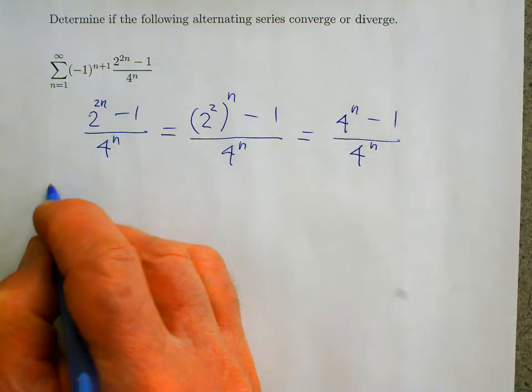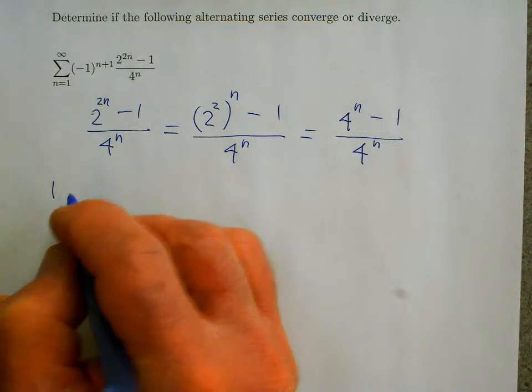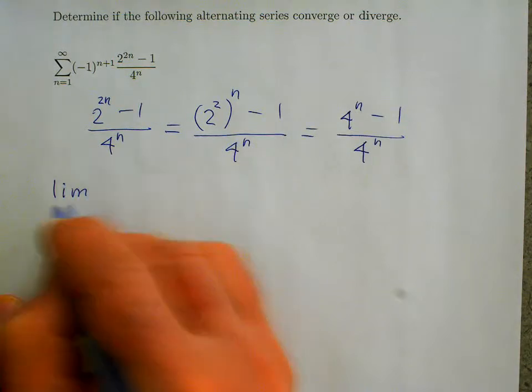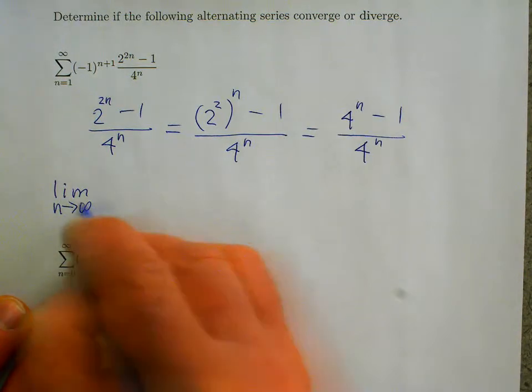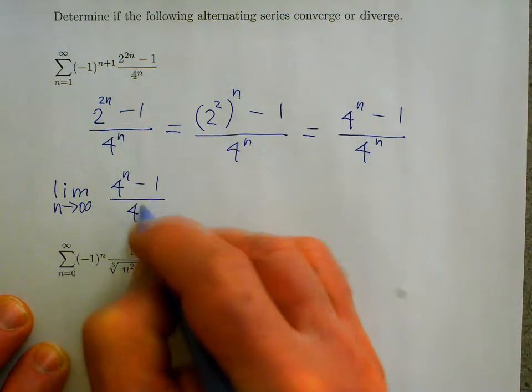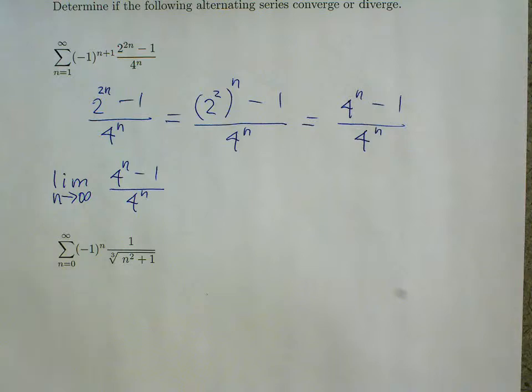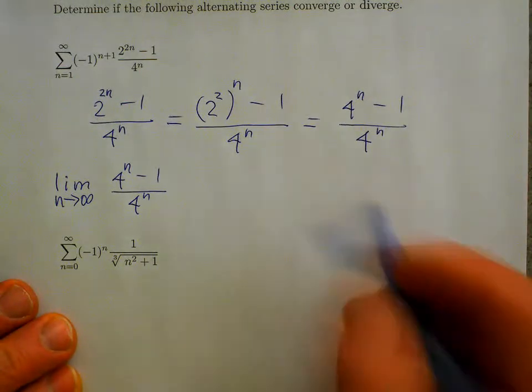So if we just consider the second condition of the alternating series test and compute the limit of this, 4 to the n minus 1 over 4 to the n, what's the limit of that? Here we have a few seconds.